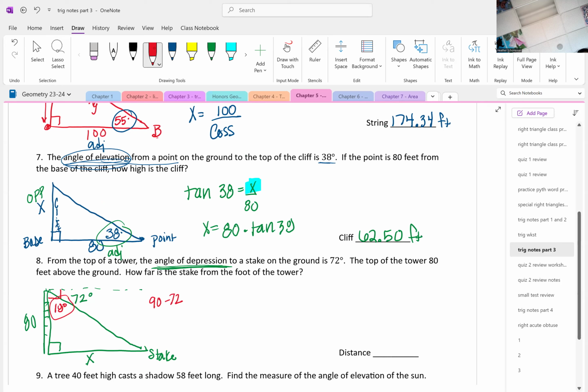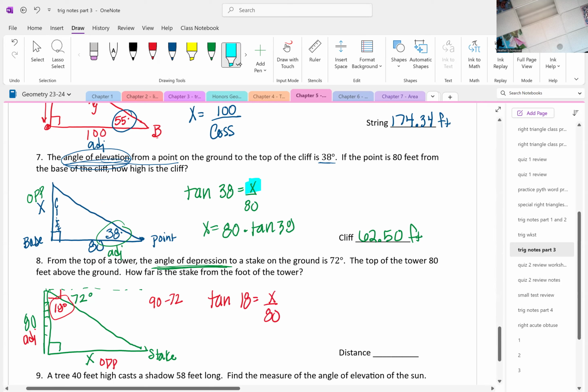So looking at 18, this is opposite, this is adjacent. So I'm going to say the tangent of my angle, which is 18. Now, granted, 72 was given, but to solve the triangle, I need the 18. Equals opposite over adjacent. So that's x over 80. And we can see that x is in the top. That means I'm going to multiply.